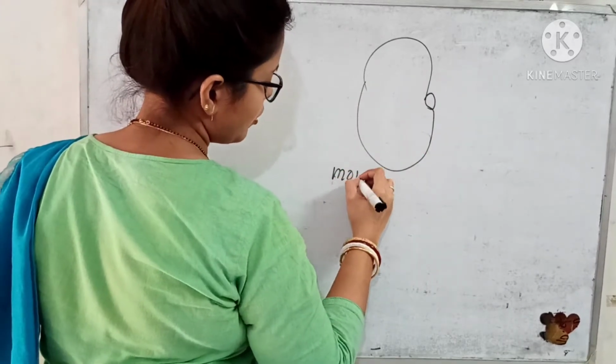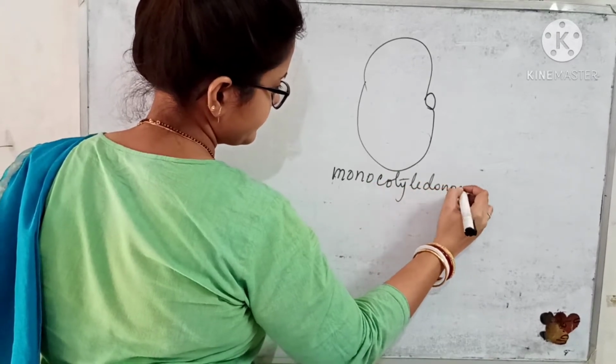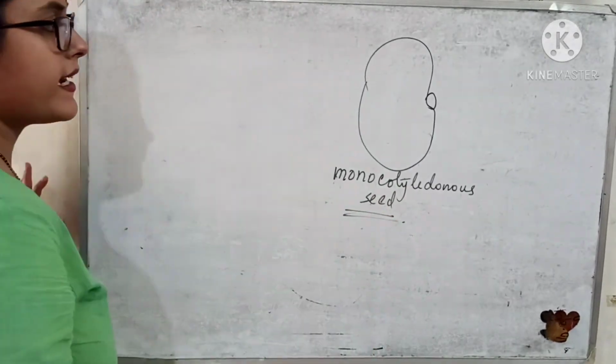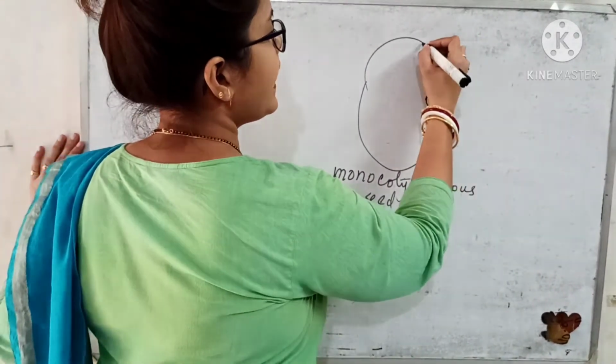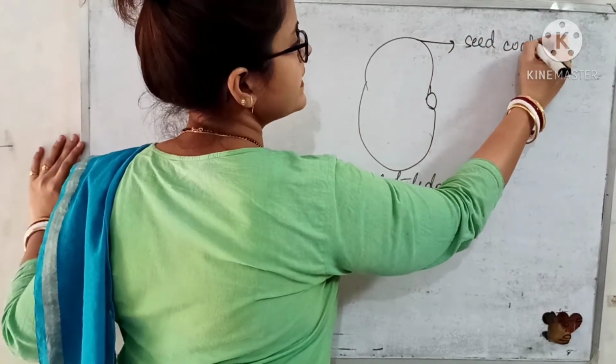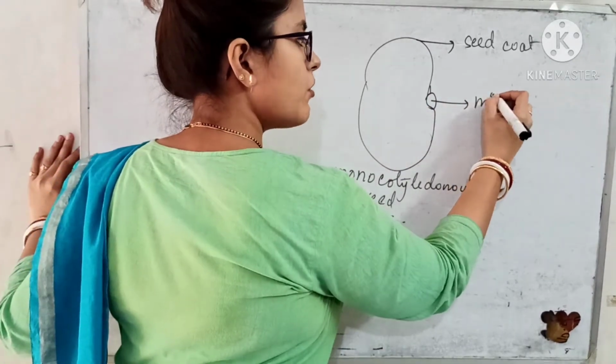This is a monocotyledonous seed. Now we have learned that a seed has an outer hard covering which is called the seed coat, isn't it? There is a tiny opening which is called the micropyle.